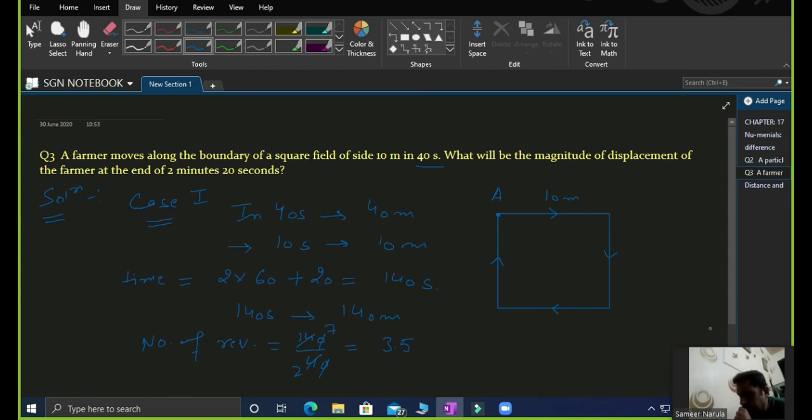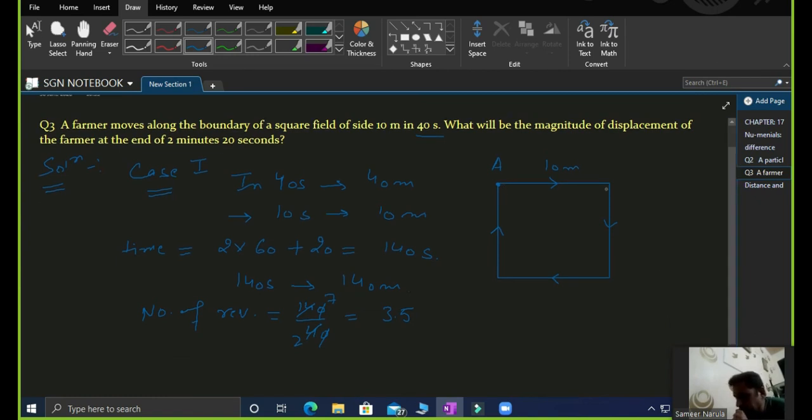Now just try to see. This is your one complete, this is your second, this is your third. Now, this is your 3.5. Now this object reaches this position. This is the B position there.